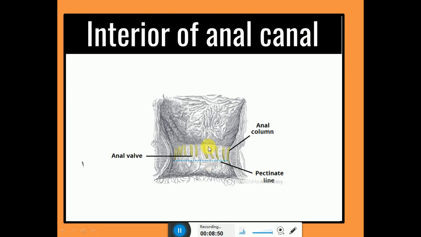Between this anorectal junction and pectinate line, this portion is called upper part, and below this we have lower part. So it is this pectinate line which is dividing the anal canal into two parts, an upper part and the lower part. Is that clear?